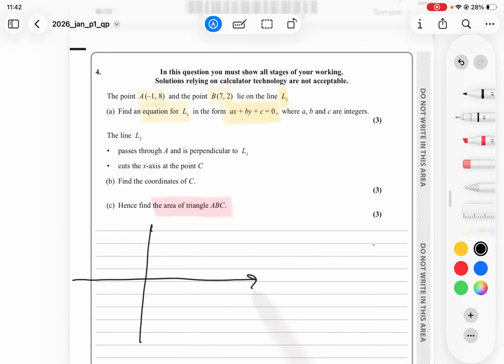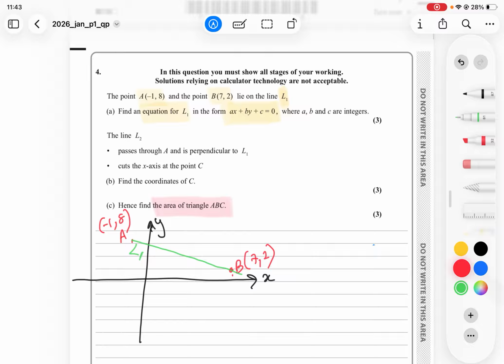If I take this as X and Y, the point A would be somewhere here, which is (-1, 8), and the point B will be somewhere here, which is (7, 2). Okay, now this is the line combining these 2 points, which is known as L1.